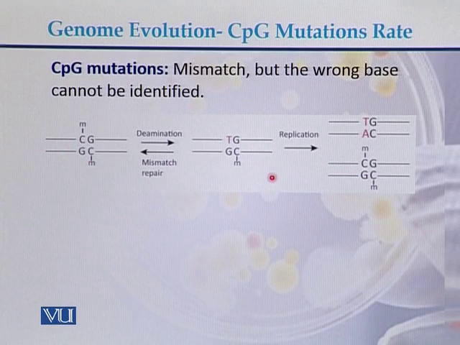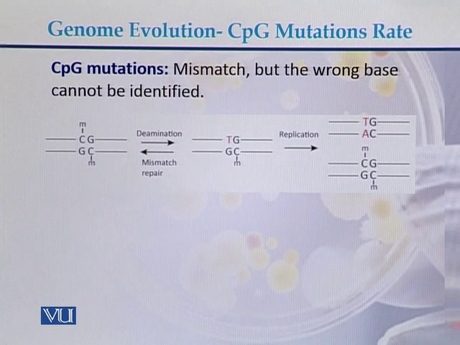So due to the process of mismatch, this cytosine and guanine were converted into adenine and thymine. This is also one of the reasons how nucleotide substitution occurs in CpG islands where C is methylated.